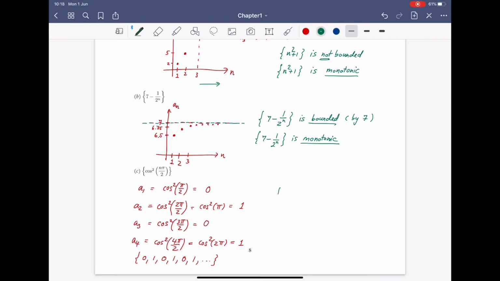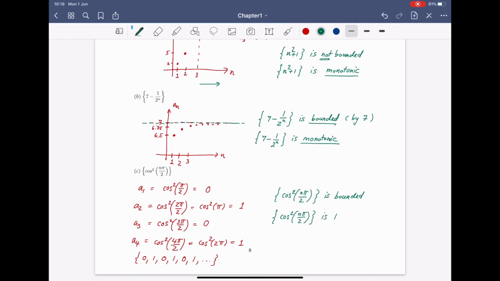Alright, so this thing, cosine square n pi over 2, is clearly bounded, because it's bounded by 1, right? The values swap between 0, 1, 0, 1, so it's bounded by 1. Is it monotonic?